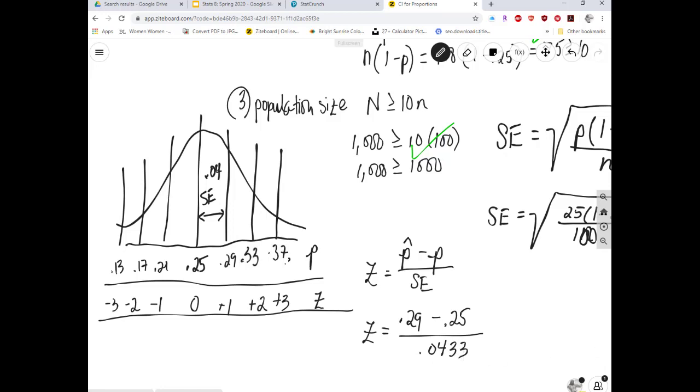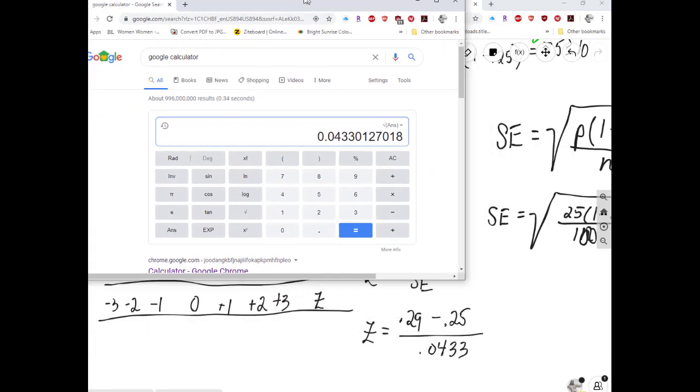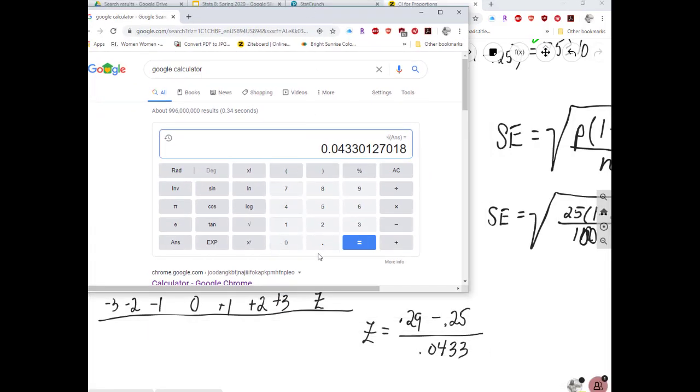Where's my Google calculator? All right. So now I'm going to clear this out. 0.29 minus 0.25. Now you have to hit enter so that the calculator knows that you're done working with the numerator. And now you're going to divide by 0.0433.